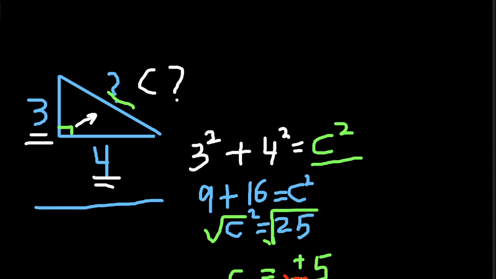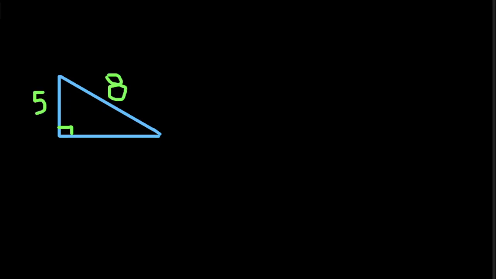Alright, last example. This is another type that you will be given. As you can see here, this time we're given the hypotenuse, and like I said, the one that's opposite to the 90 degrees is always the hypotenuse, or C. And this, you can either put 5 as B or A, it doesn't matter because you have to add them.